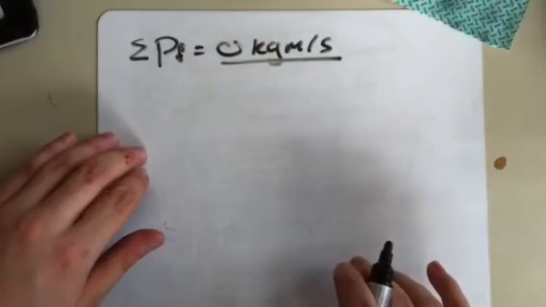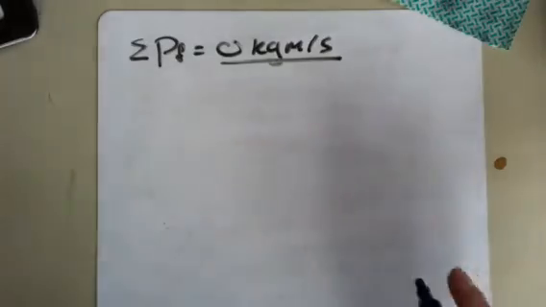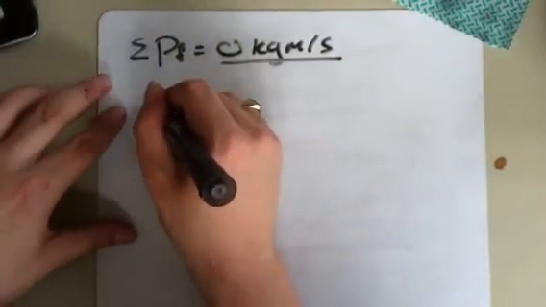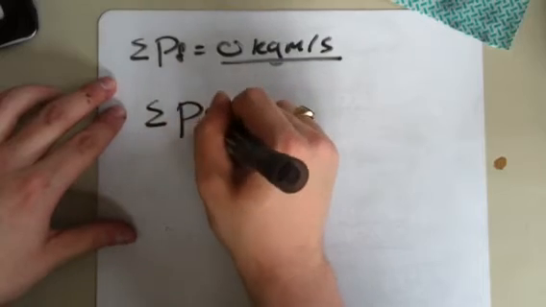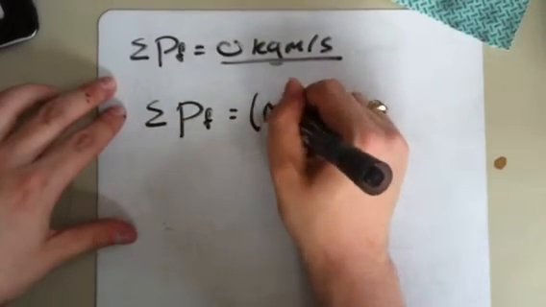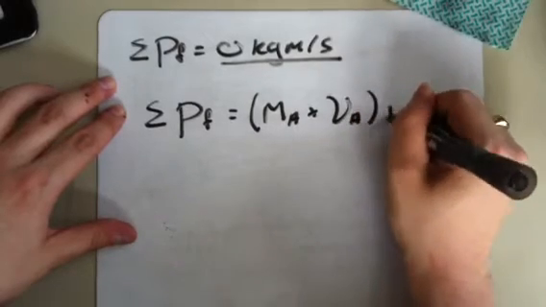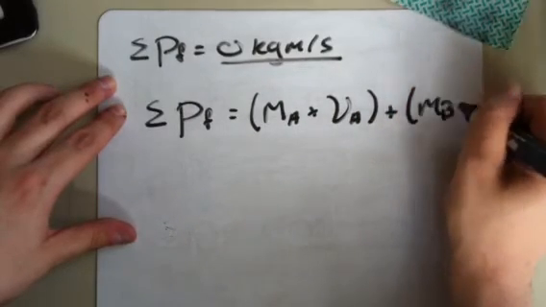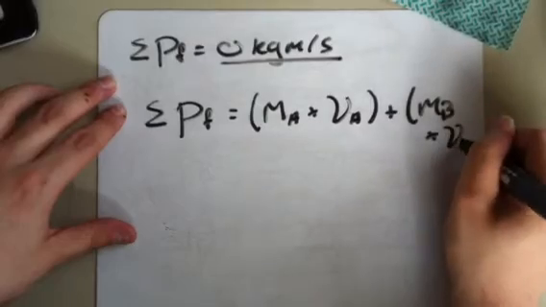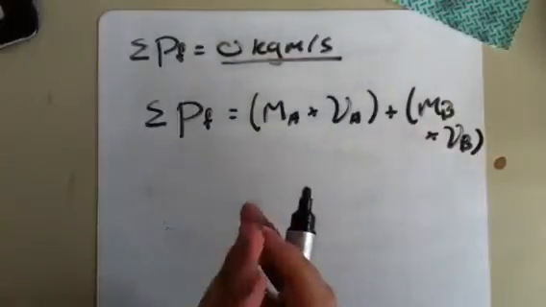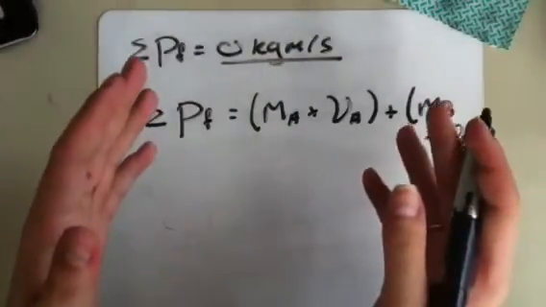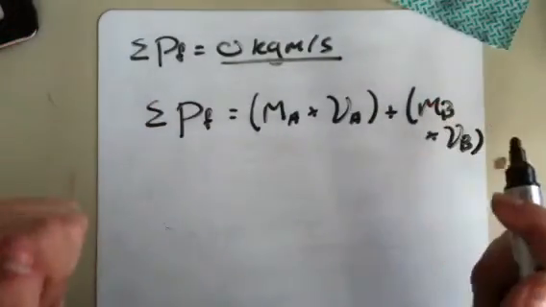So, if we carry on, we can see that the sum final momentum must be equal to the mass of A times the velocity of A plus the mass of B times the velocity of B. So that is, again, using the P equals mv equation.